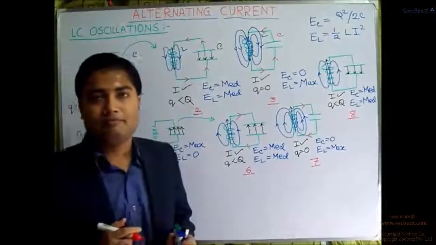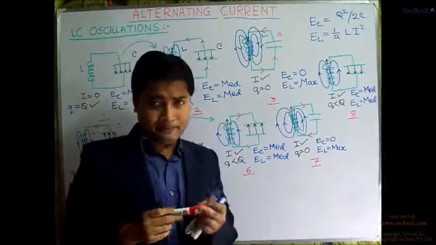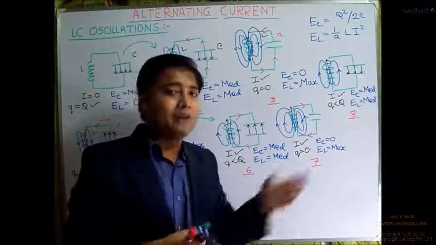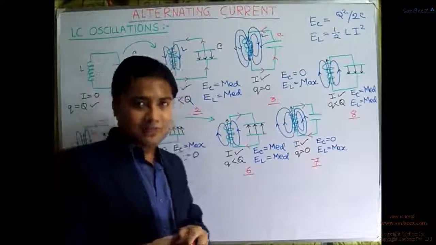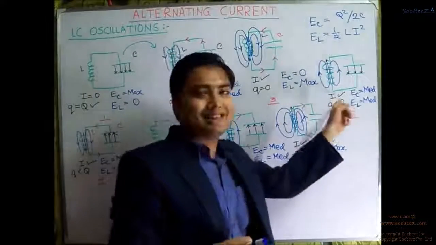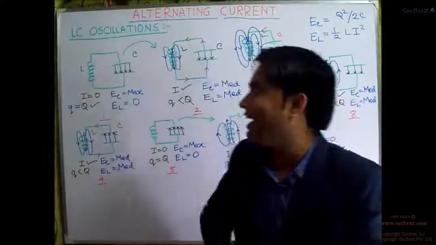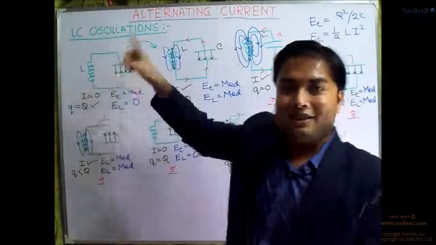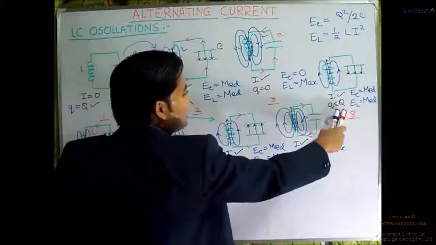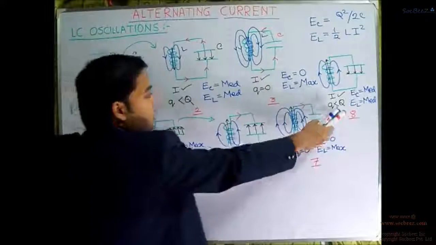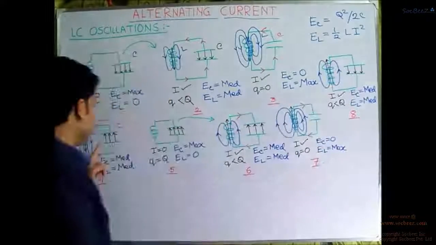Now, can you say what will happen after the 8th scenario? Very simple. After this 8th scenario, the 9th scenario will start looking like this. Because this 8th scenario is just analogous to this one over here, see, this is 3, this is 3.